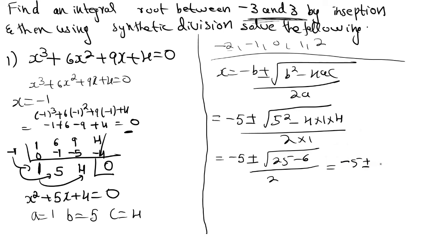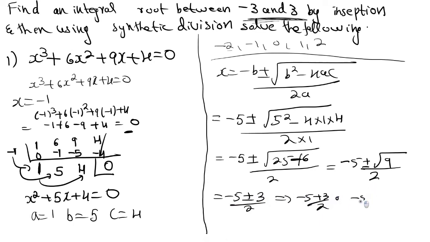Its value is equal to the square root of 9, divided by 2. So the roots are equal to minus 5 plus or minus 3, by 2. This implies minus 5 plus 3 by 2, or minus 5 minus 3 divided by 2.